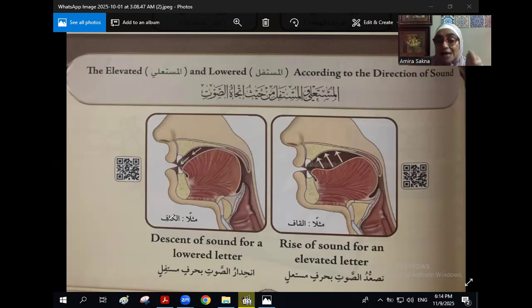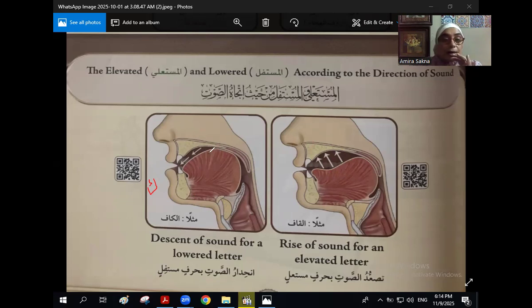While when I pronounce the kaf, no, ka, I don't say ka in Arabic. If I say ka, the sound will be directed to the roof of the mouth. In Arabic, the letter kaf is a lower letter, a mustafil letter.